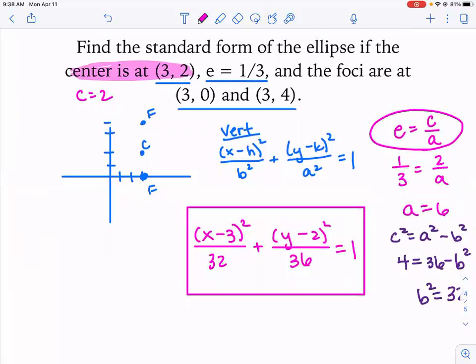So we know this is a fraction C over A, but from our picture, our foci are exactly 2 away from our center. So we know C is exactly 2. So when we use C in our eccentricity fraction, that's going to mean A is 6, and then that reduces to the 1/3. Does that make sense? Okay.